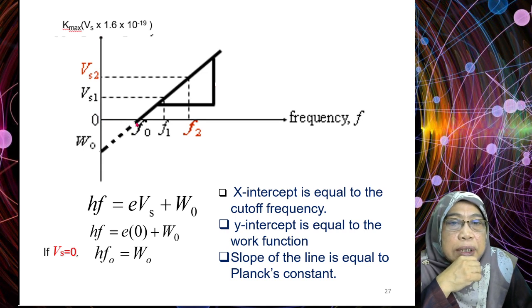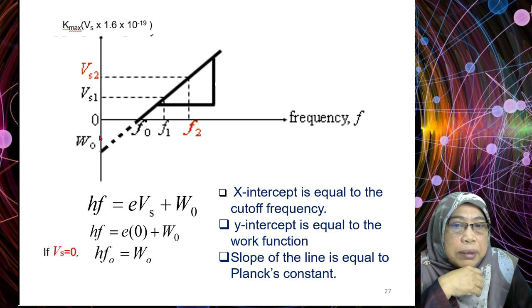The frequency here refers to the cut-off frequency, the minimum frequency of the radiation needed to eject the electron. The y-intercept is equal to the work function. The equation is K equals hf minus W naught, so the intercept is at a negative value here. And the slope of the line is equal to Planck's constant.